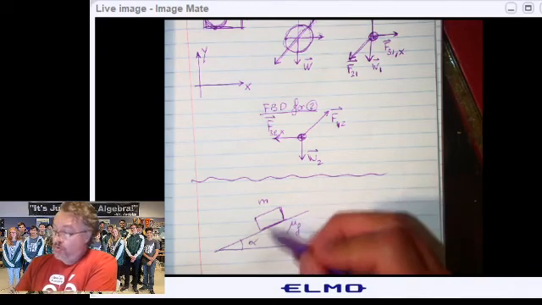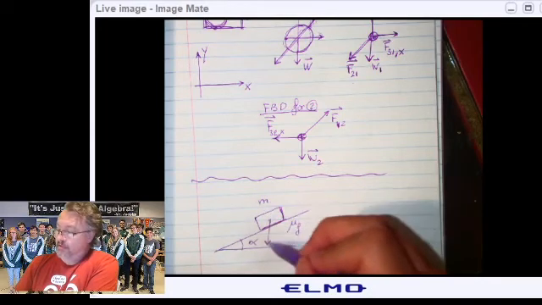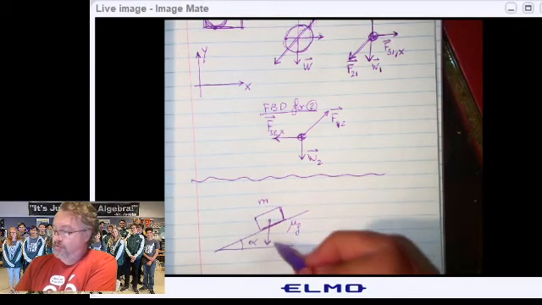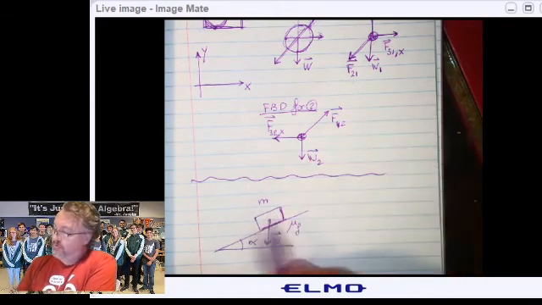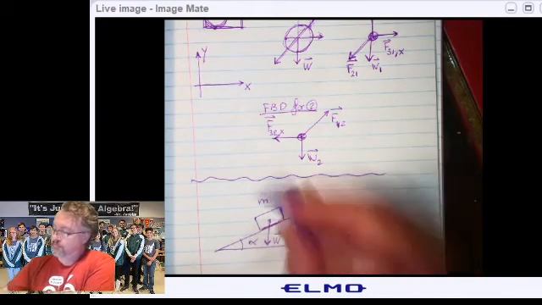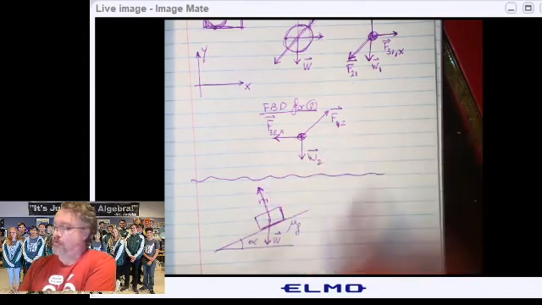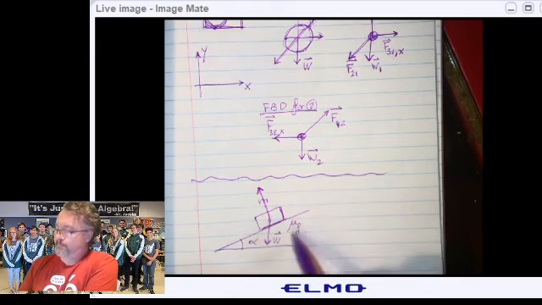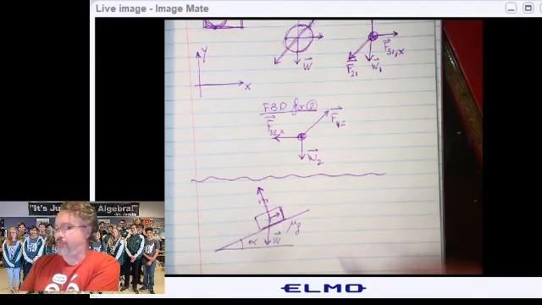Well, we would have the mass acting with gravity creating the weight right here. We would have the normal force right here, okay, perpendicular to the plane, and we would have a little bit of a friction force right here.